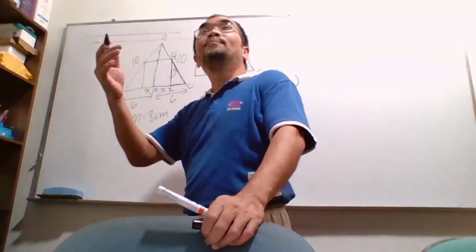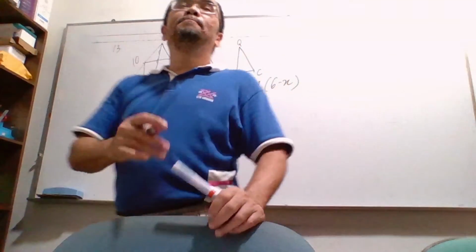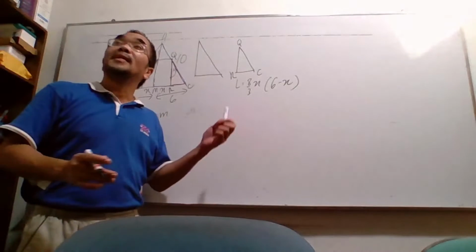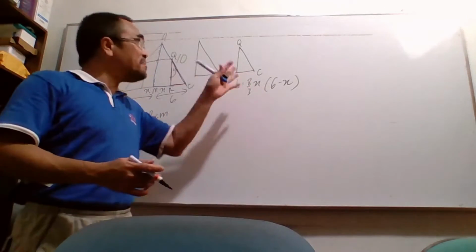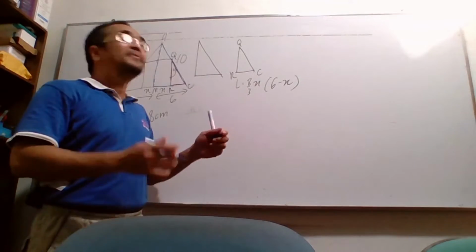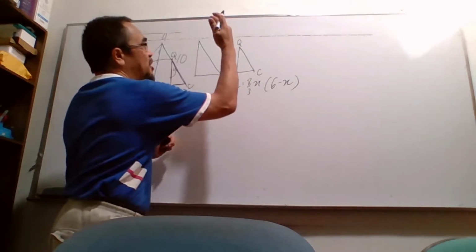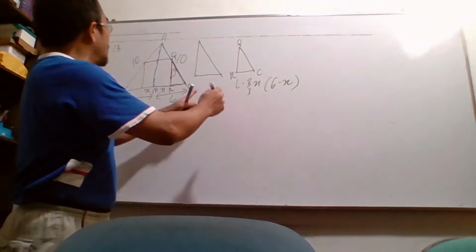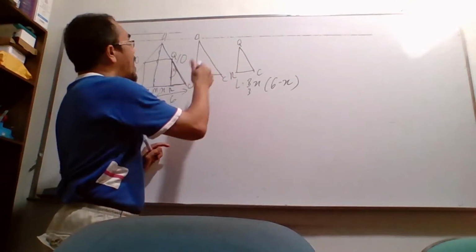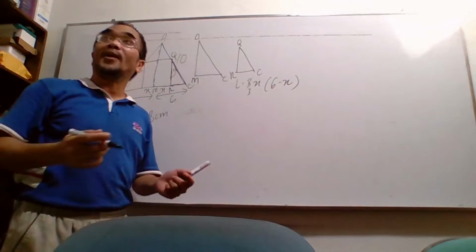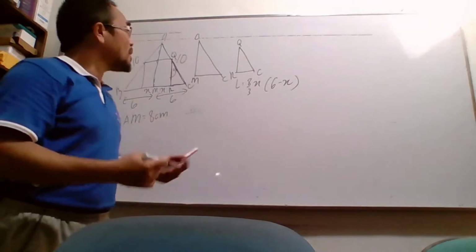We call this similar triangles in Bahasa Melayu. The properties mean the ratio of QC to AC will be equal to the ratio of QR to AN.